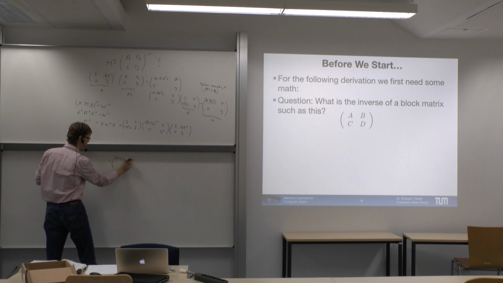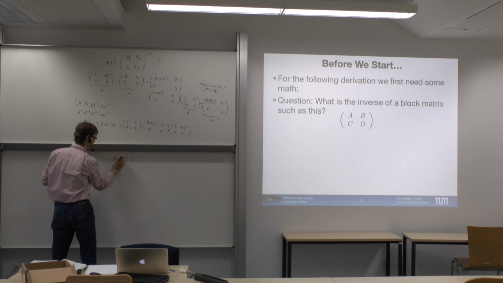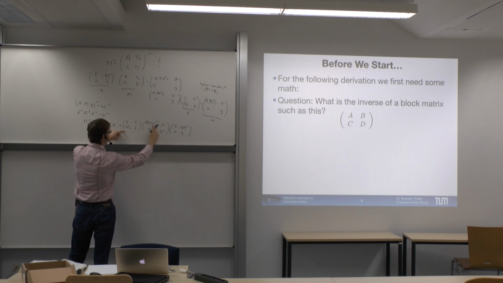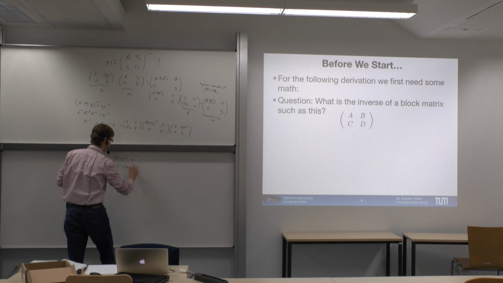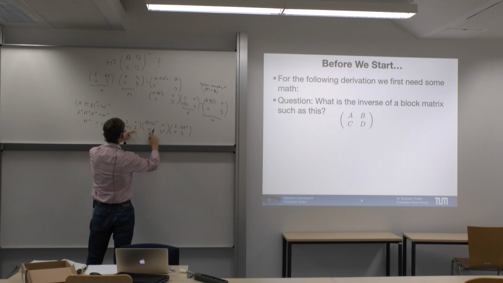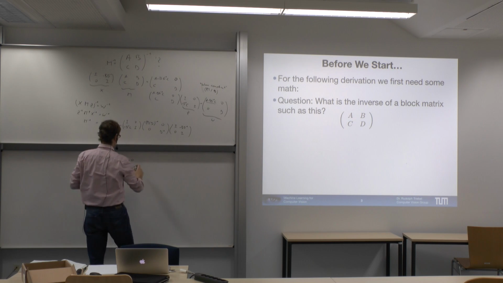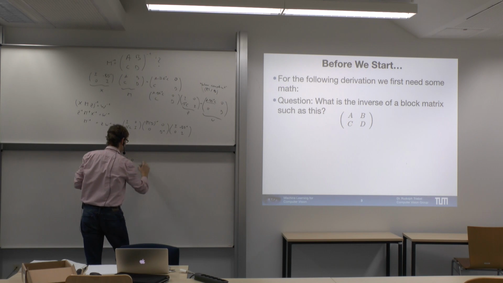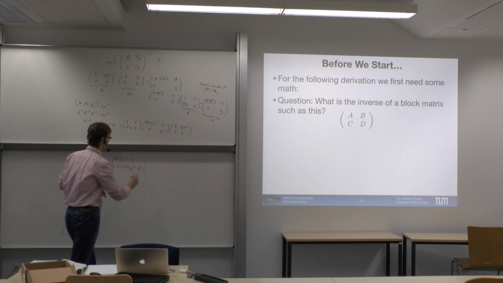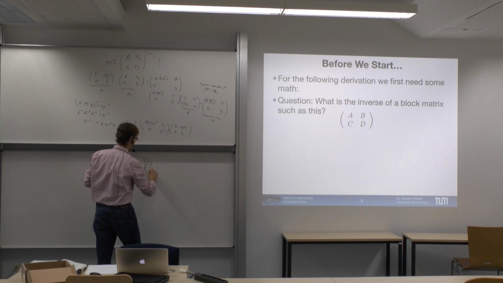First, the order of the matrices is always important, right? It's always very important. So what we can do is say this is minus D to the minus 1 C of Schur complement, right? Times 0, and here we have 0, and here's D to the minus 1 again, times this thing here.